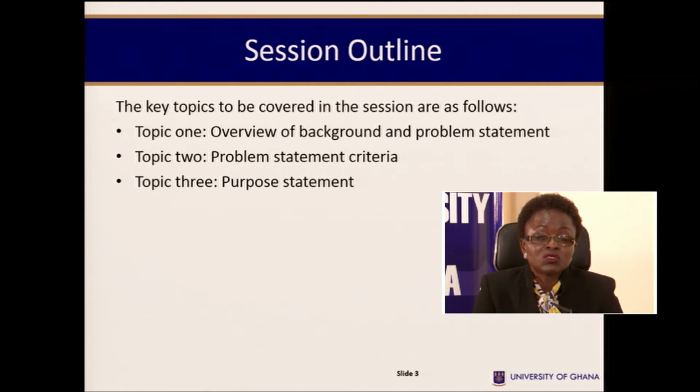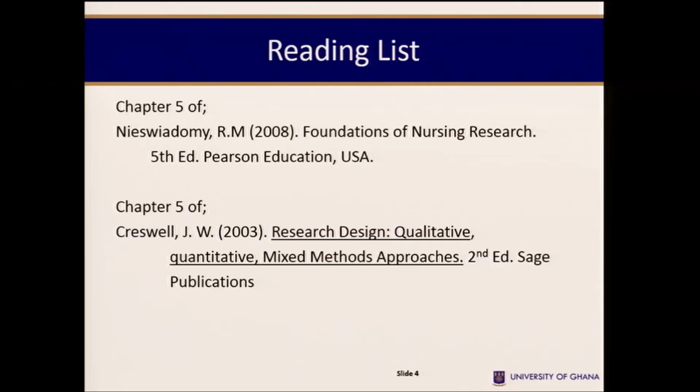We will look at the overview of the background and problem statement, explain the problem statement criteria and then the purpose statement. For this session, you can read from the two books, Foundation of Nursing Research, chapter 5, and chapter 5 of Creswell, which is research design, qualitative, quantitative, and mixed method research.